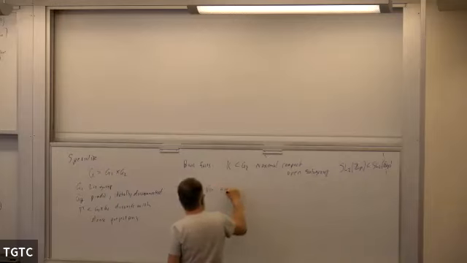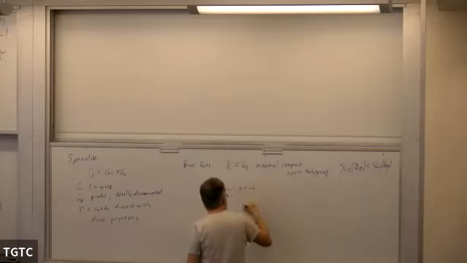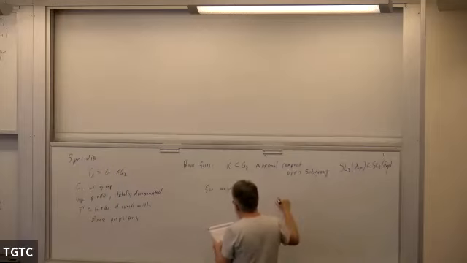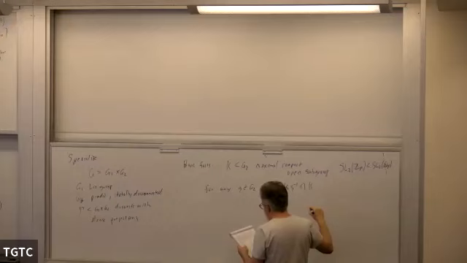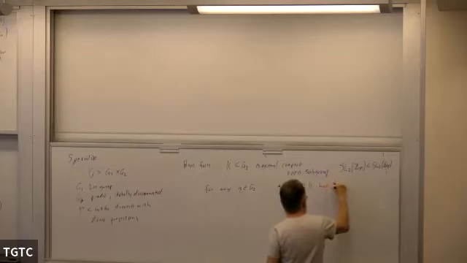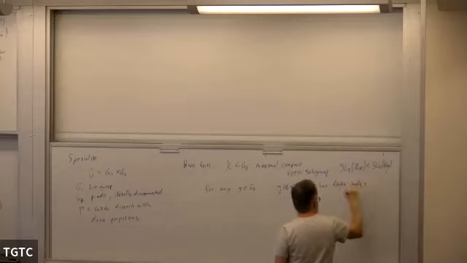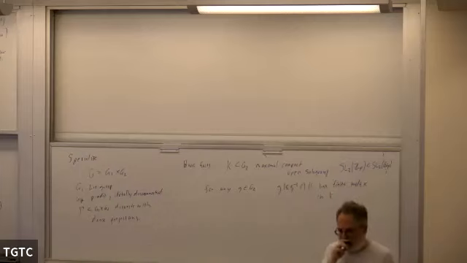And for any g in G2, gKg inverse intersect K has finite index in K. You might look at that and be confused.